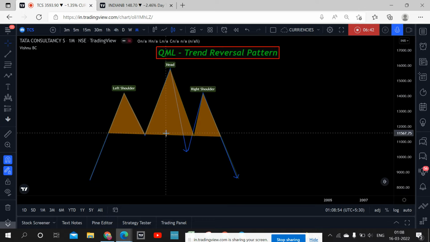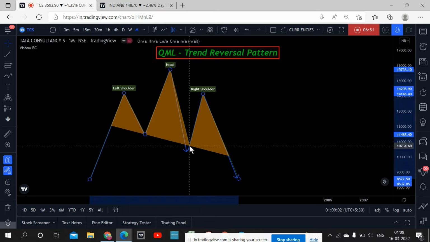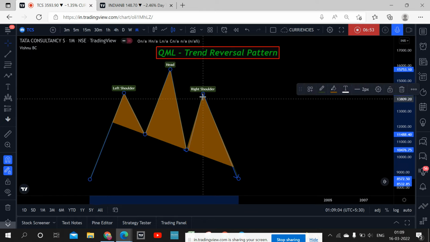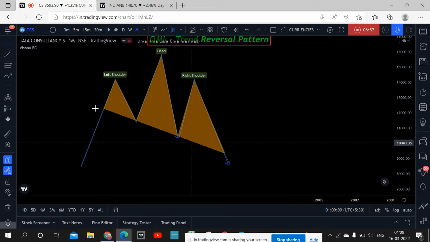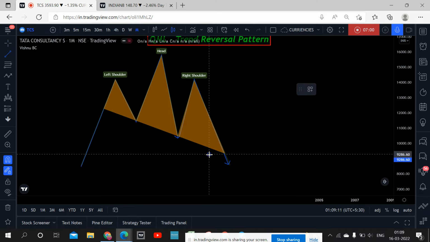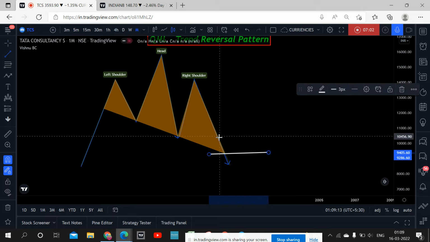This is head and shoulder, but in a head and shoulder pattern, all three points will be at about the same level. As per the head and shoulder pattern, your entry point will be at this point, once this neckline is broken.